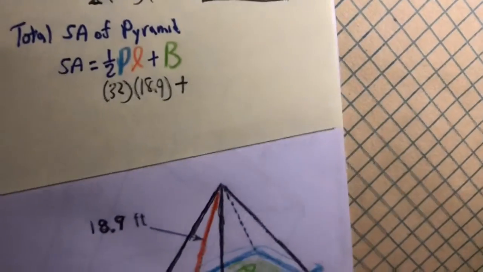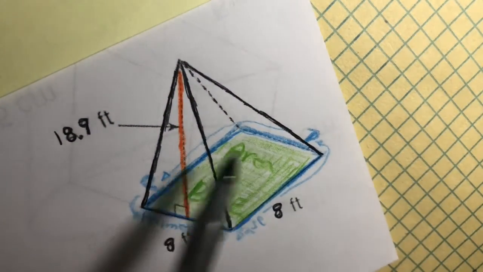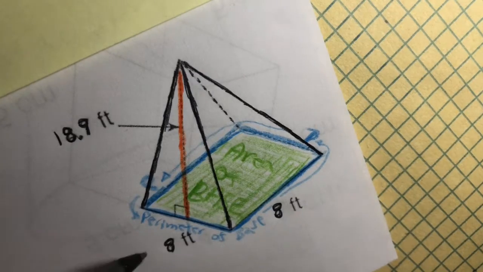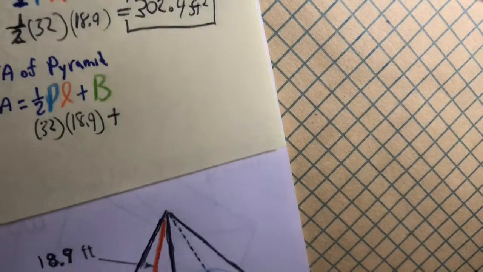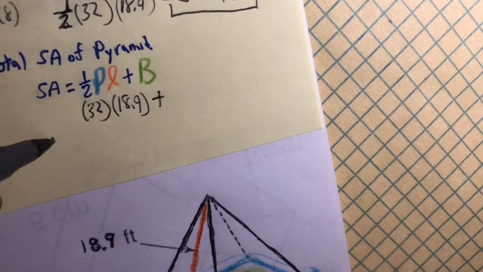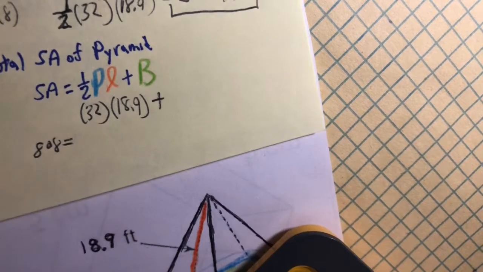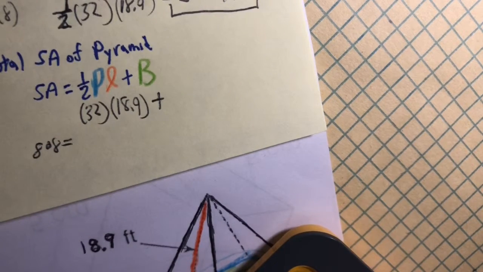Area of the base would be finding the area of whatever shape the base is. So in this case, the shape is 8 times 8. All right, so what is 8 times 8? 8 times 8 is 64.